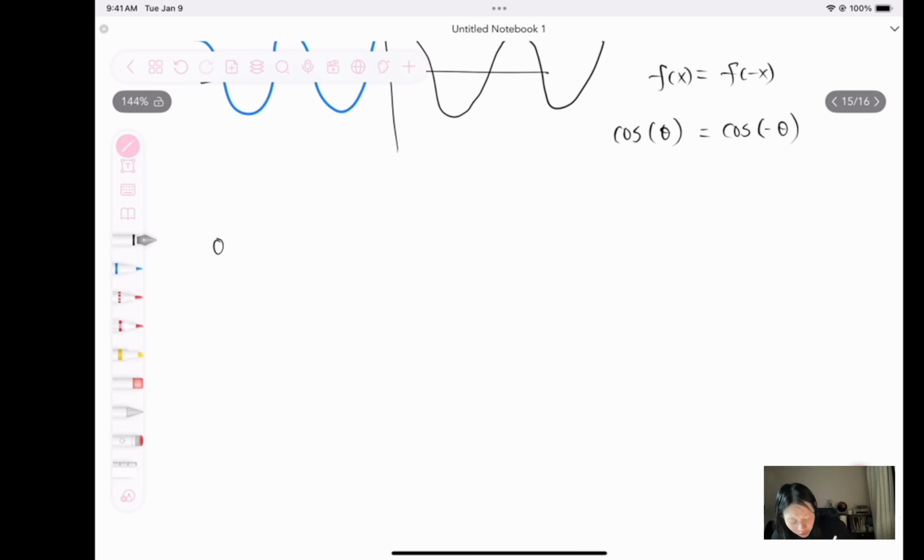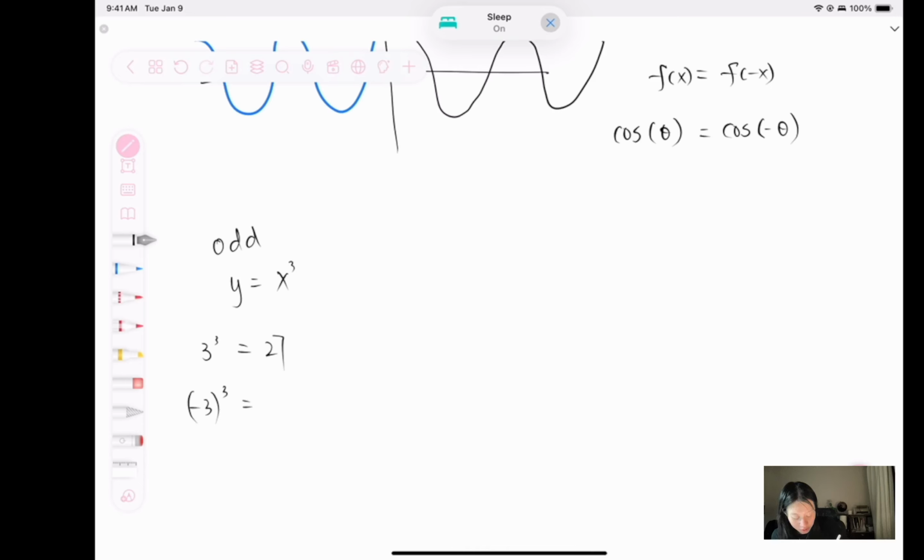Similarly, for the odd function, the most common odd function is x cubed, like 3 cubed equals 27, right? And negative 3 cubed is equal to negative 27. And we do the same thing for that pattern. This is equal to negative 8.